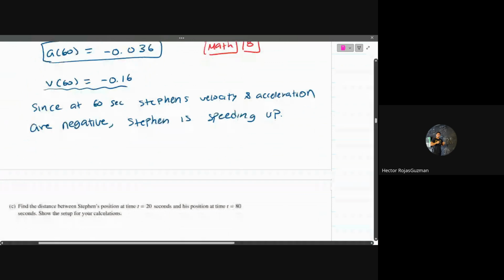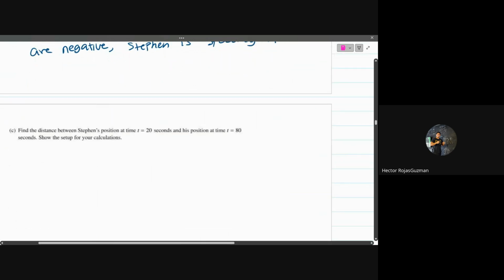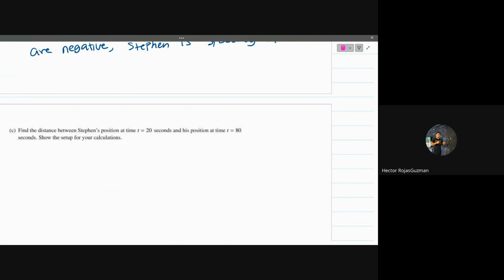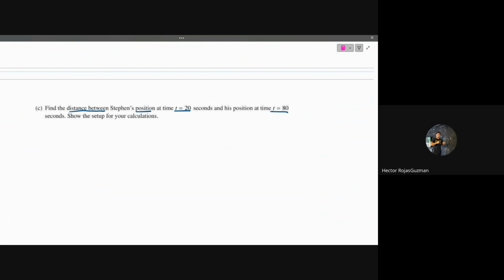Okay. Question C. Find the distance between Steven's position at 20 seconds and his position at 80 seconds. Show the setup of your calculations. Okay, so once again, we're going to be finding the distance between his position at 20 seconds and 80 seconds. And to do that, we are basically talking about displacement. We're talking about where was he at 20, where was he at 80.